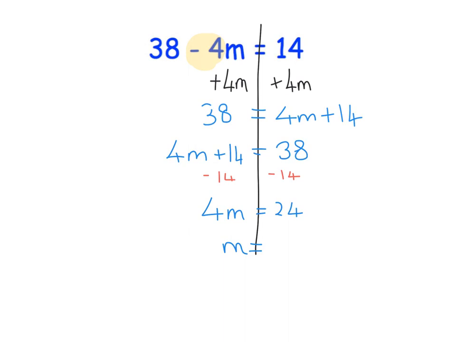And the last thing that I'm going to do is I need to get from 4m to just m. Well, remember that 4m is 4 times m. So to get rid of that times by 4, I need to divide by 4, and I need to do that on both sides. And 24 divided by 4 is 6. m is 6.